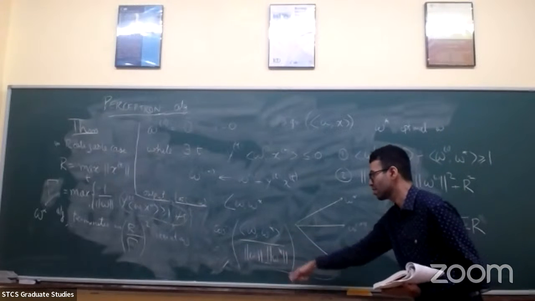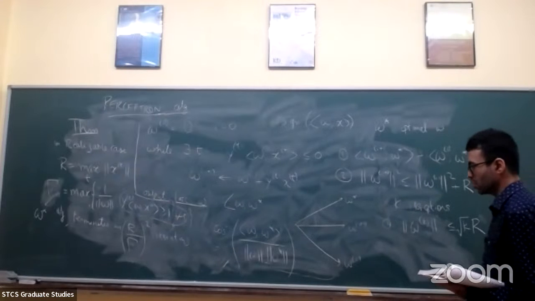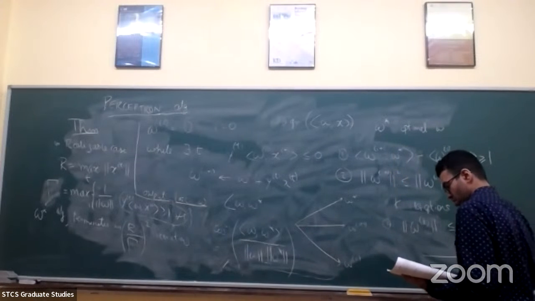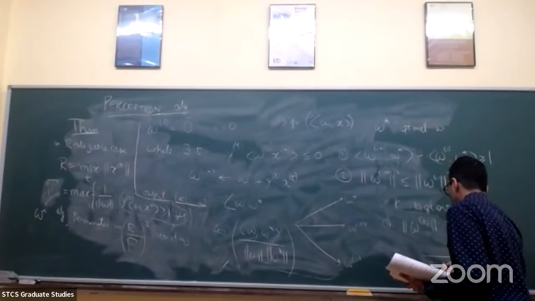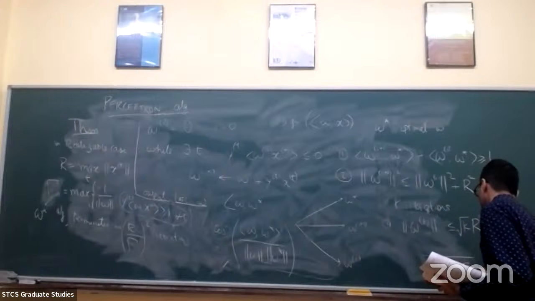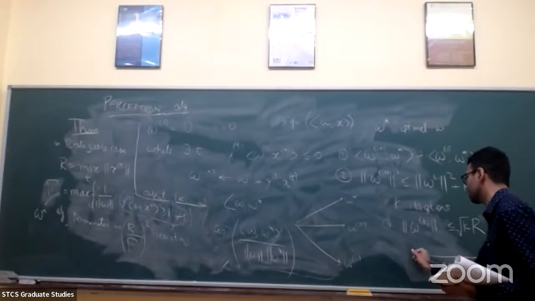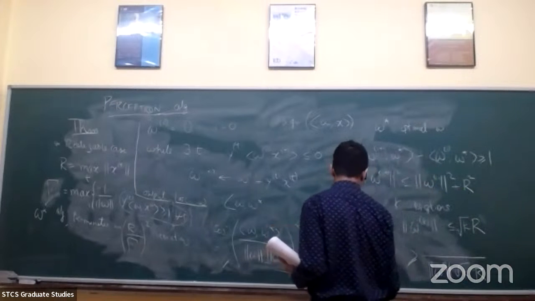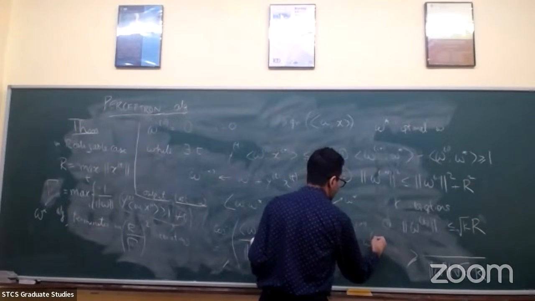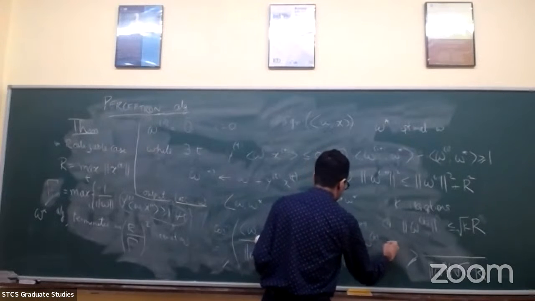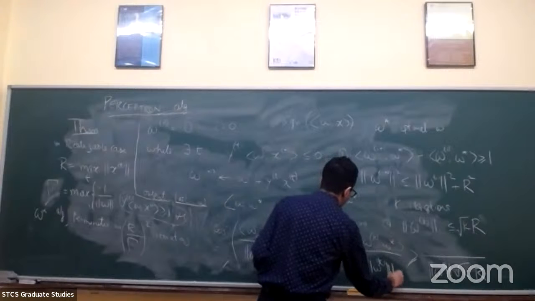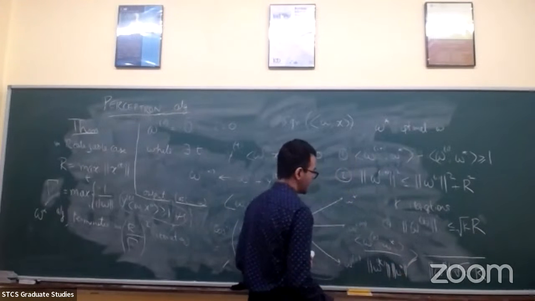Now let's look at this thing here. Notice that the denominator is W star times square root K. I want to say that the whole quantity, the thing in the bracket, W_K dot W star by the norm of W_K times the norm of W star, is at least something.